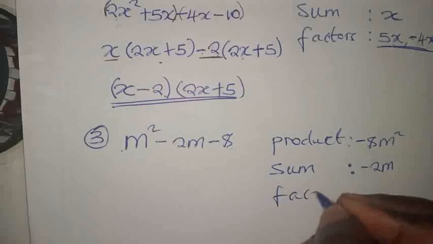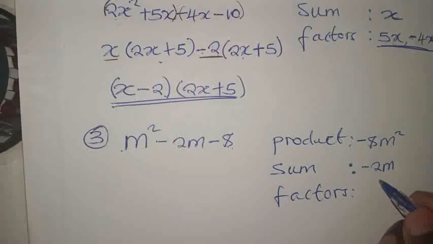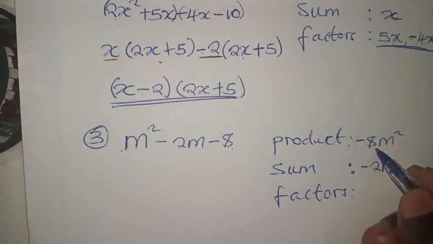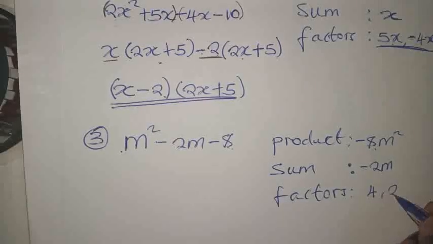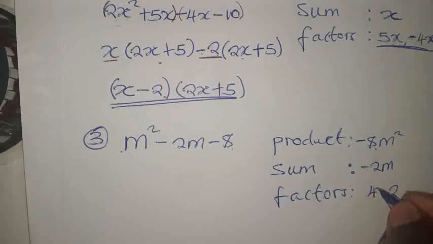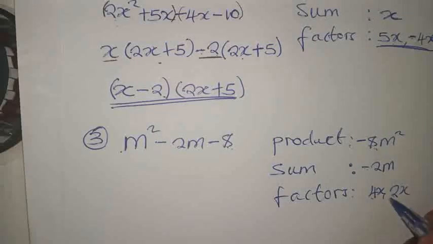Then for the factors, it is simple. Which two numbers, when we multiply them, should give us negative 8. When we add them, they should give us negative 2, of which the easiest ones we find are 4 and 2. Now, which one should carry a negative charge? Because 4 times 2 is 8.